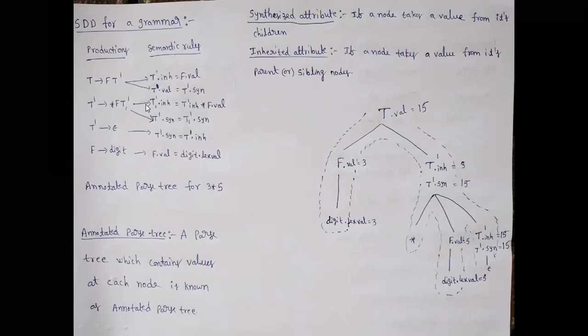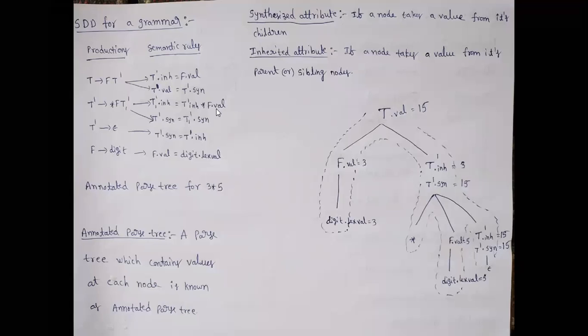Here we have two semantic rules. The first one is for T1 dash: T1 dash dot inherited is equal to T dash dot inherited, the parent value, which is 3, into F dot value.